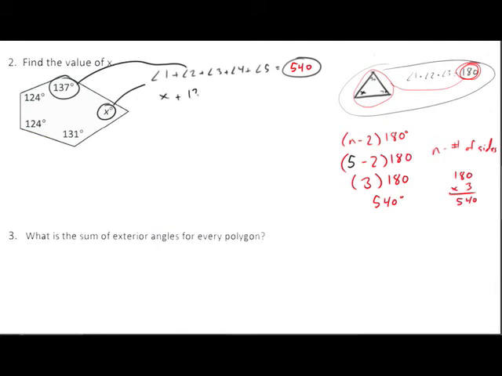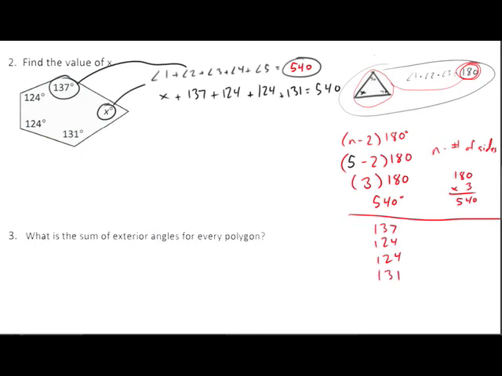x plus 137 plus 124 plus 124 here plus 131 is equal to 540. So we see that we have all of our angles here. Let's do some side work: 137, 124, 124, and 131.